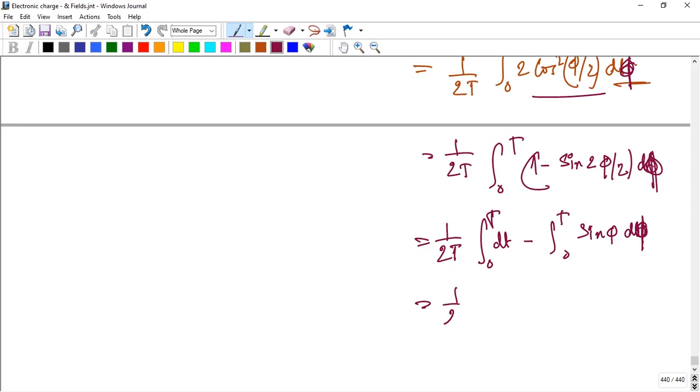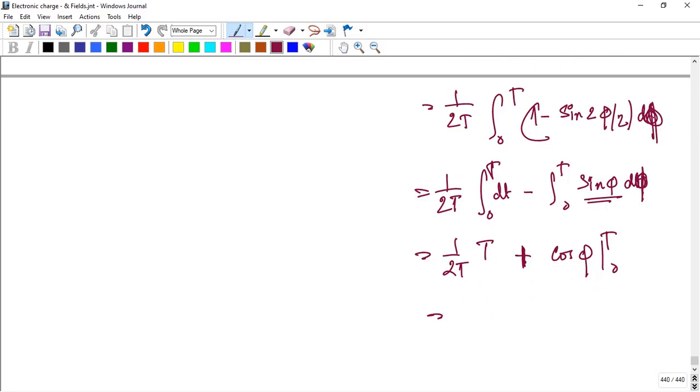So 1 by 2T, where T is the small t, put the upper limit minus the lower limit with 0, and sine integrates to cos. That is minus cos, minus minus gives plus, so cos theta from 0 to T. Now 1 by 2T times T gives 1 by 2, plus cos T minus cos 0.